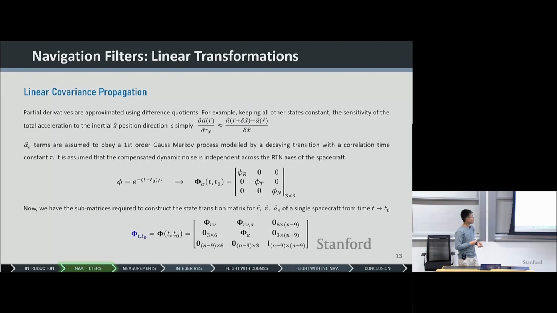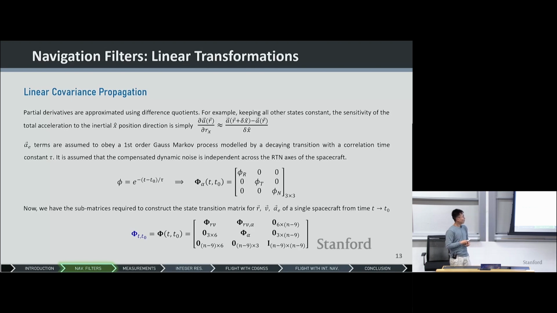We also adopt something called empirical accelerations. Empirical accelerations are a way of estimating what your dynamics fails to model, what your f function fails to model in the real world, and that is reflected through how well your predicted trajectories agree with your measurements over time.